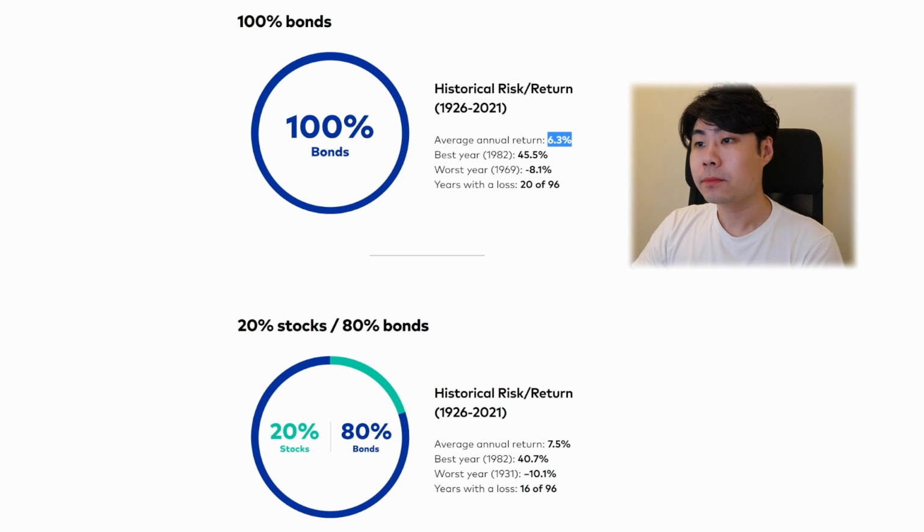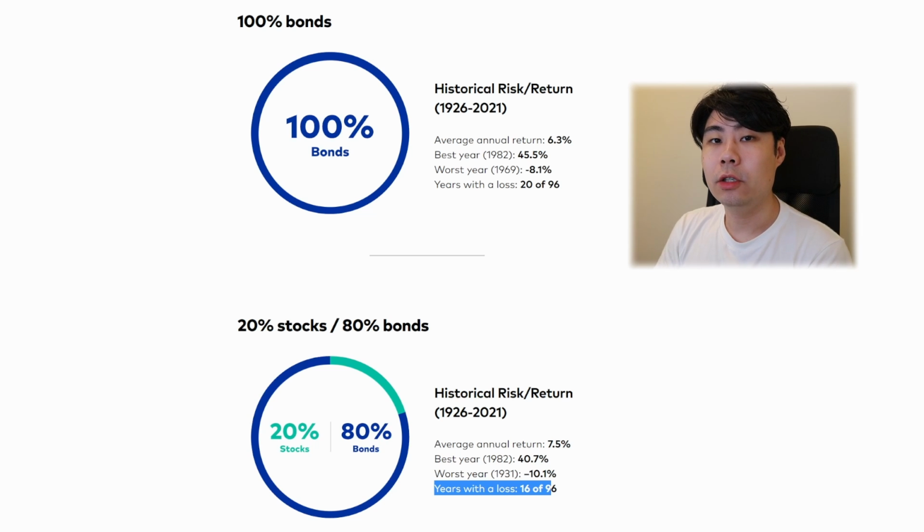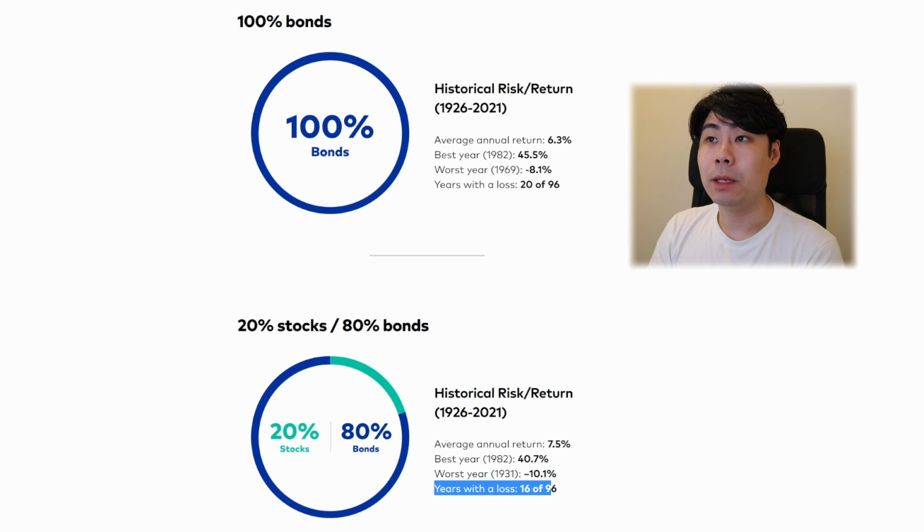And also, even if you look at years with a loss, if you have stock in your portfolio, you actually minimize the risk. So contrary to belief, when people think that bonds are low risk and they don't want to invest in stocks because of that, that's not actually true. You do want to have at least some percentage in stocks, so that it is still minimizing the risk.